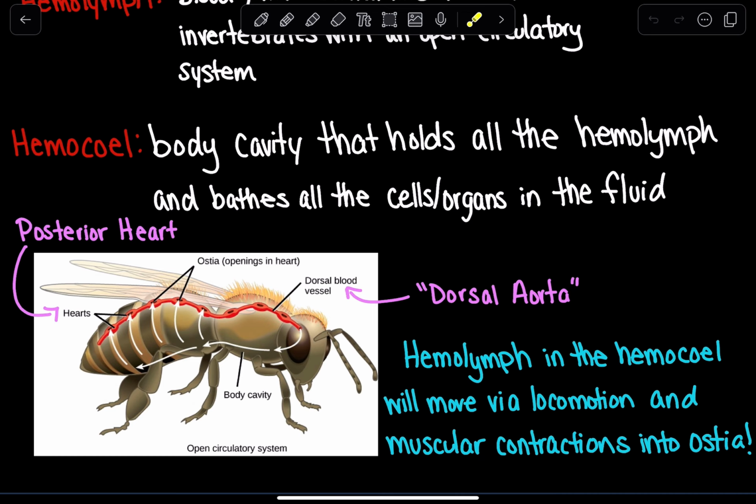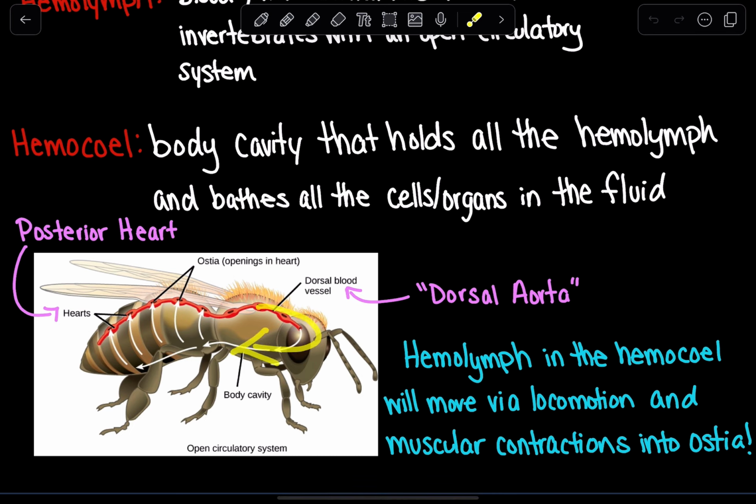Now, if we take a look at this diagram, we can more in depth understand how an open circulatory system works within invertebrates. This is a diagram of an insect, a bee specifically, and it has these tubular hearts with these openings in the middle. These tubular hearts will pump blood all the way throughout over here, and then the blood will be pumped out into the cavity, which is the hemocoel.